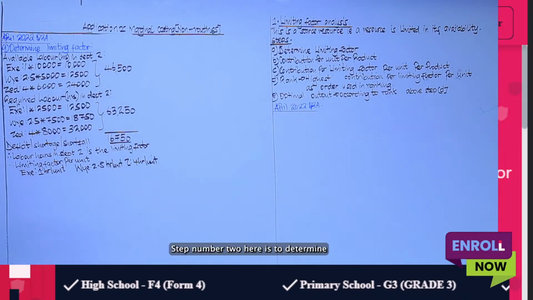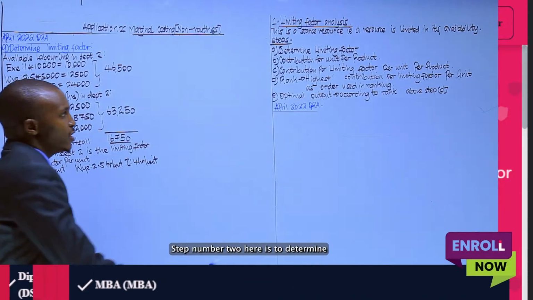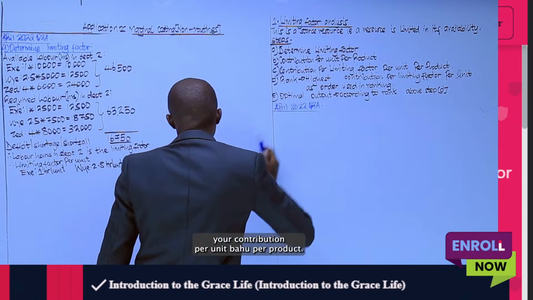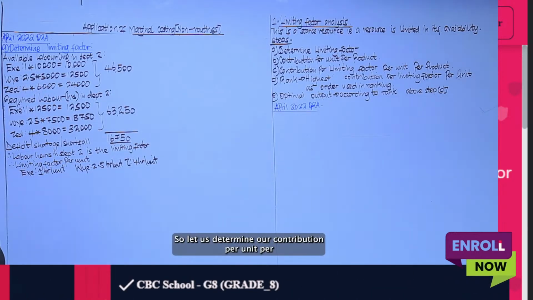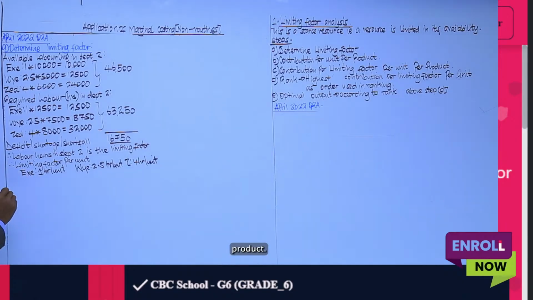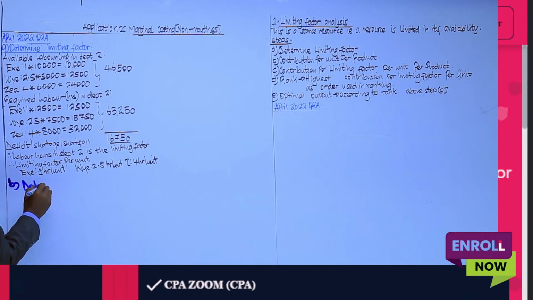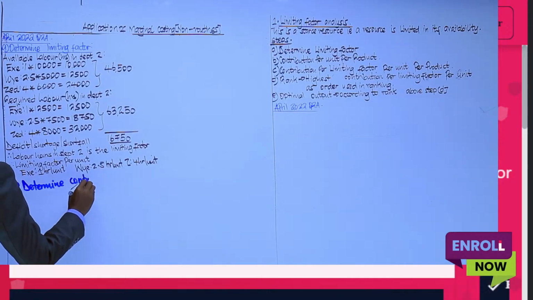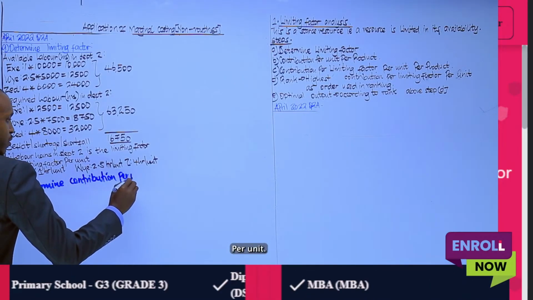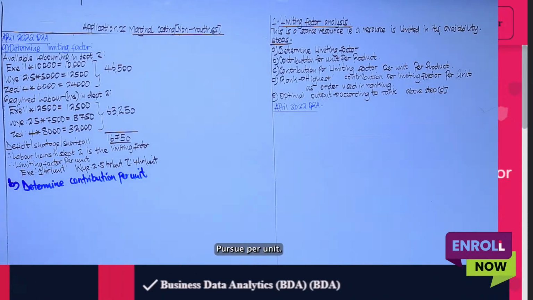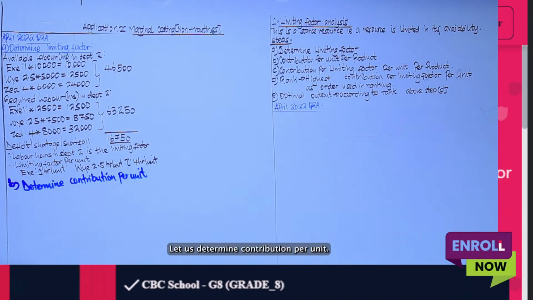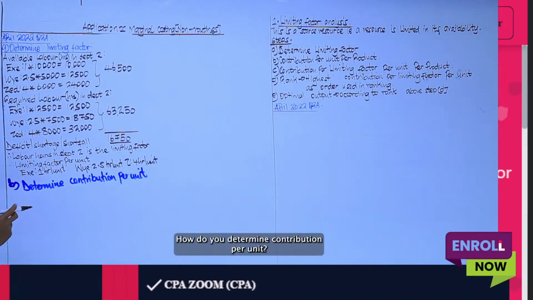Step number 2 here, is to determine your contribution per unit per product. So let's determine our contribution per unit per product. How do you determine contribution per unit?